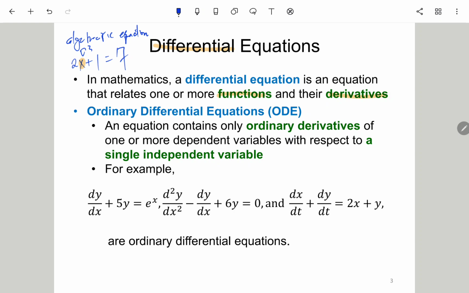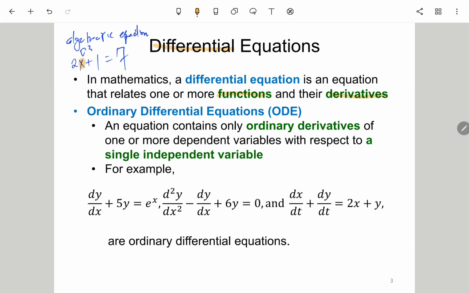It can be 1 plus i. It can be just a single real value or single complex value. It cannot be a function. But here, for this differential equation, the unknown is a function rather than a single value. So this makes things much more difficult to handle.